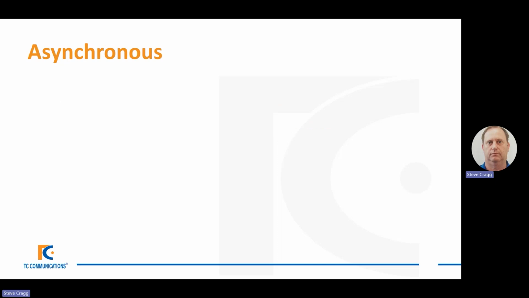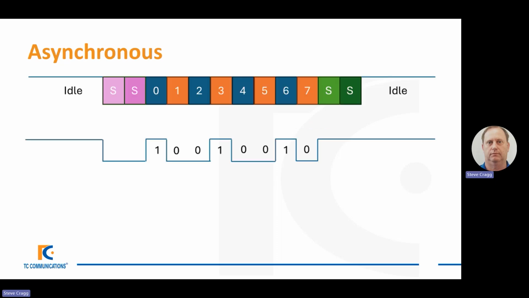So asynchronous data looks like this. Now, the problem that asynchronous communication has is that you have to set both devices up so that the device transmitting knows what to send and in what format, and the device receiving needs to know what to look for and in what format.